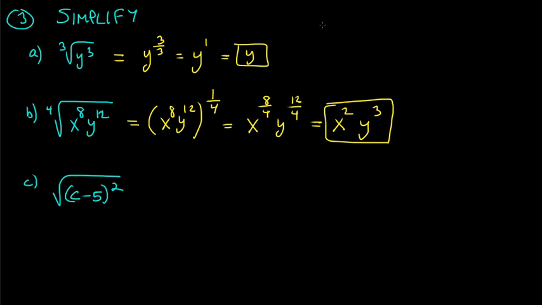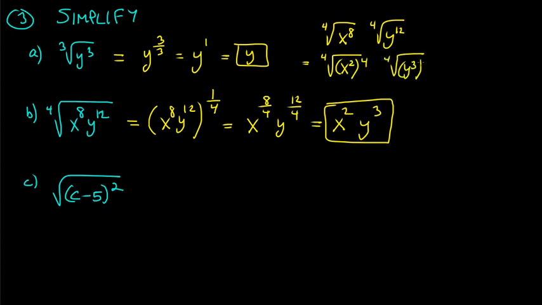The other way, of course, is just to split them up as the 4th root of x to the 8 and the 4th root of y to the 12, and then realizing that this is just the 4th root of x squared to the 4th and the 4th root of y cubed to the 4th.